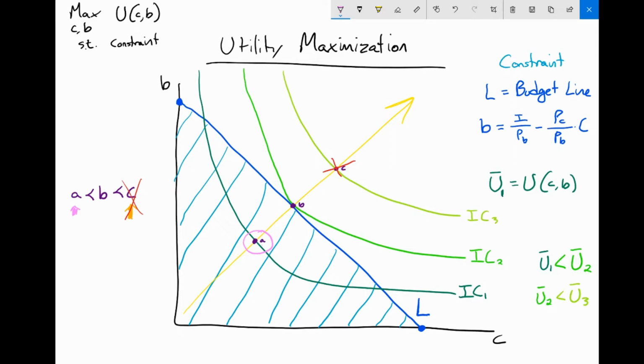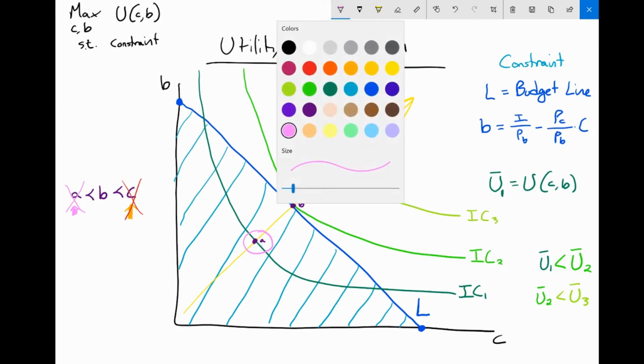However, does A give them the most amount of utility? Well, no. We already said that B gives greater utility than A. And so, although they can afford bundle A, because it's within the opportunity set, below the budget line, they still will not take it. They won't take it because there is still a better deal.